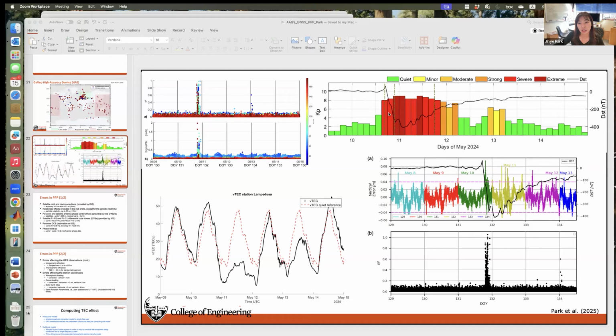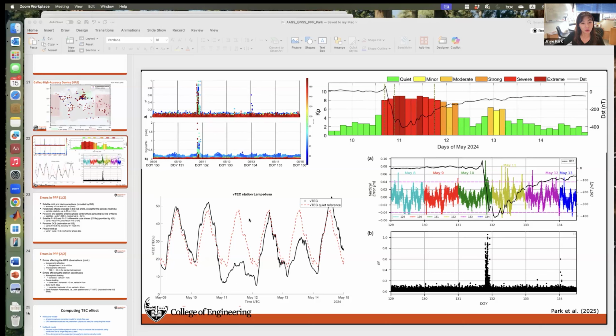And you see that during that moment, here are the ionospheric scintillation indices. I don't want to go into the details, but these scintillations create signal interruptions and scatter the signals, which dramatically affects the signal and causes loss of lock.